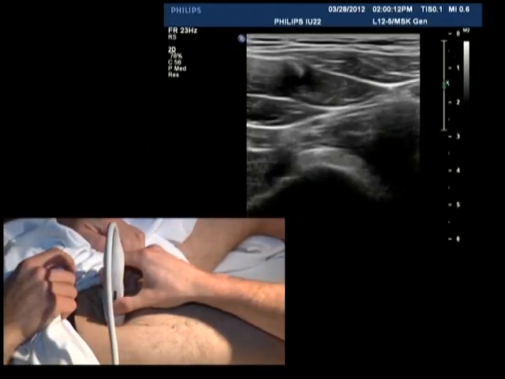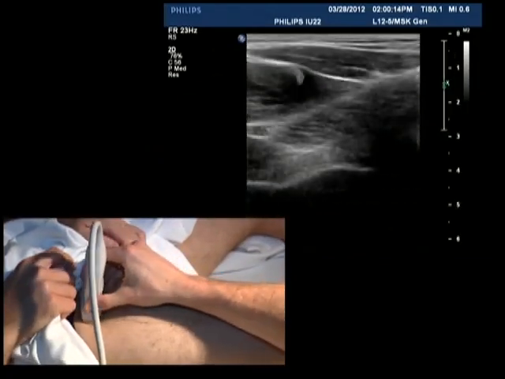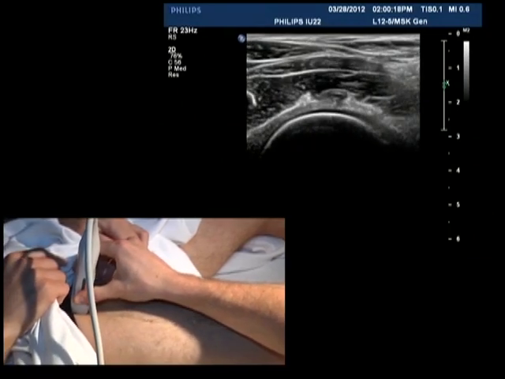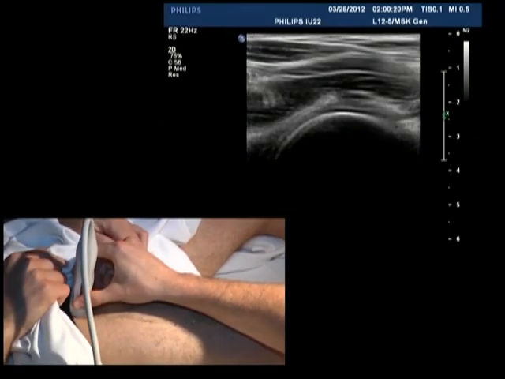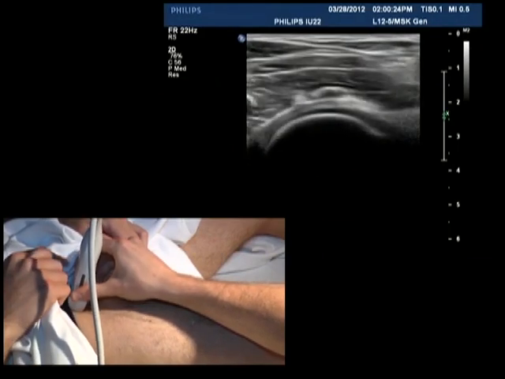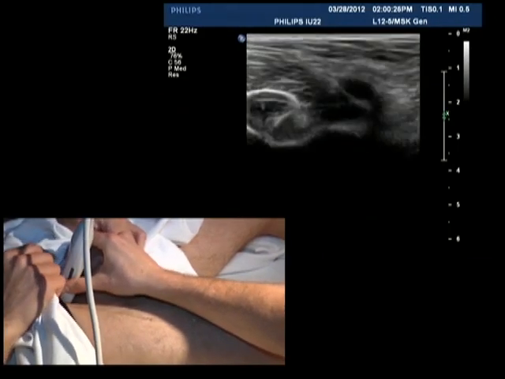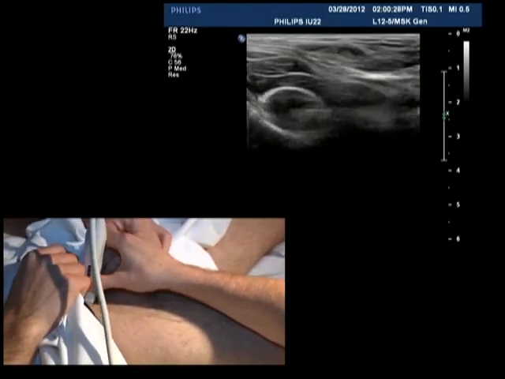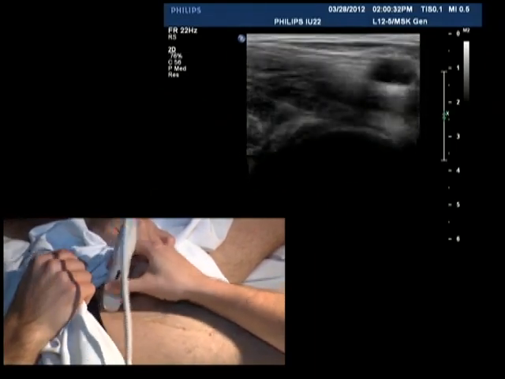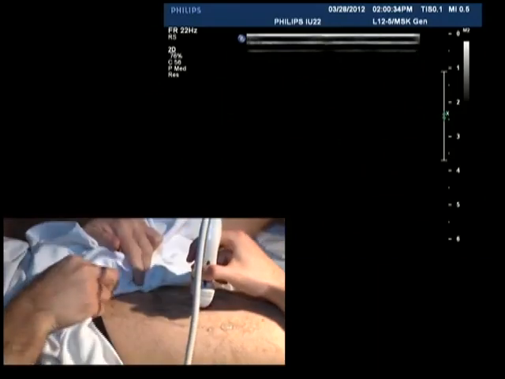All right, so identifying the same landmarks, kind of coming up into the hip joint itself. Here you can see we have a much smaller field of view with the surface of the femur, thin layer of cartilage, capsule overlying that. As you come a little bit more superior, we'll get into the region of the iliopsoas tendon. I'll have you, if you can, just pull up on your shirts there.